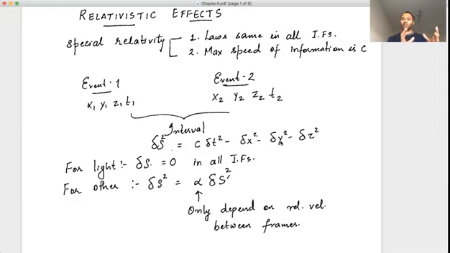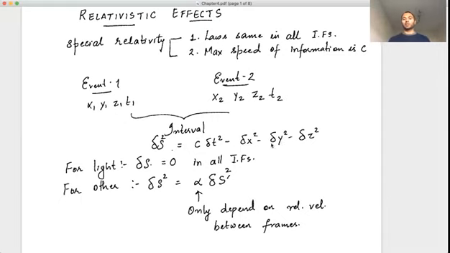You can take your coordinate axis and rotate it by some angle, any which way you want, and you'll always end up with the property that the distance between 2 points is not going to change if you just rotate your coordinate axis.